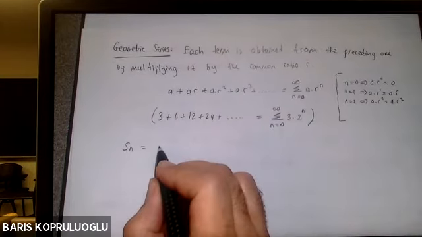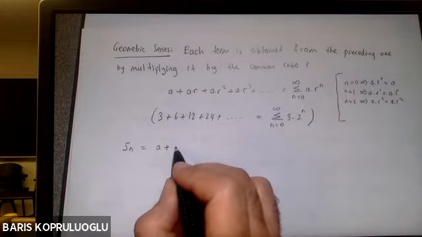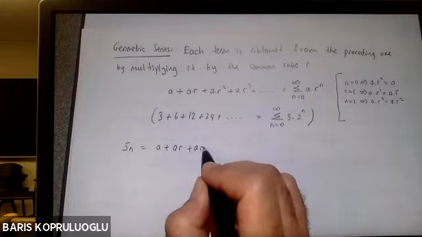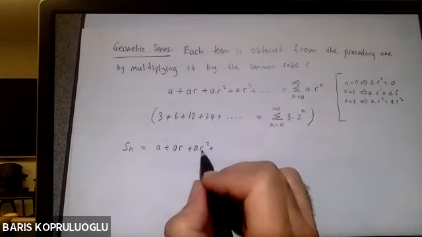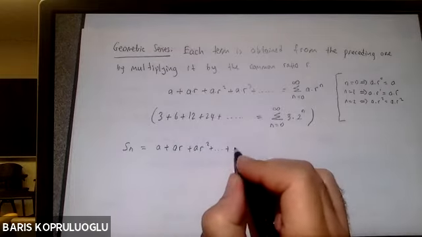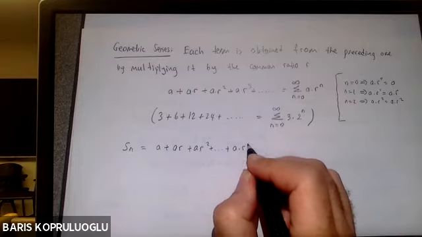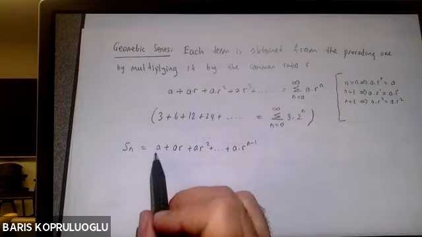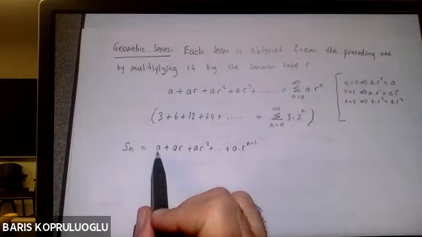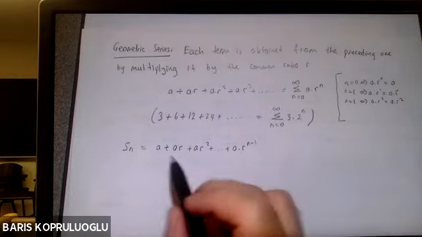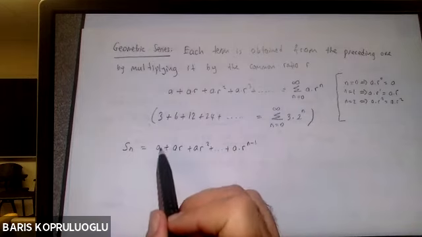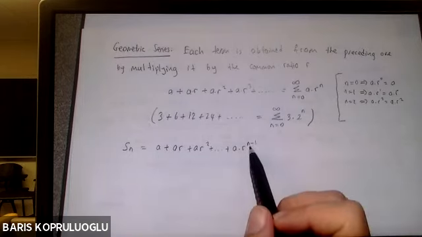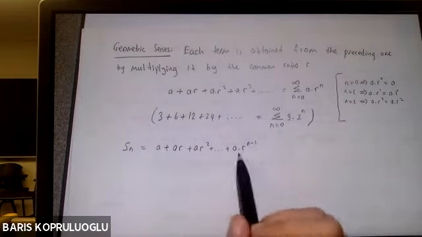So if you start from a, it will be a plus a times r plus a r squared, all the way to a times r to the power of n minus 1. Why n minus 1? Because we're starting from a times r to the power of 0, and you need to have n terms, so you need to stop at n minus 1 so that you would have n terms.